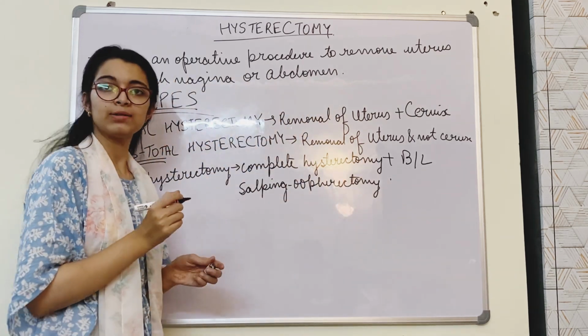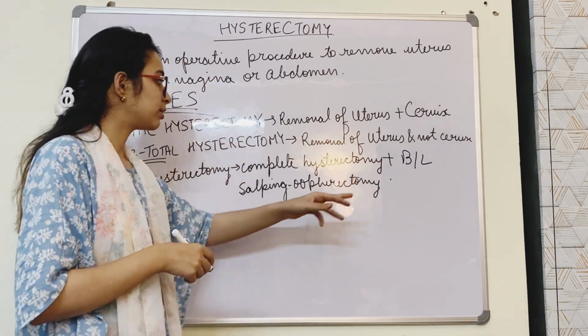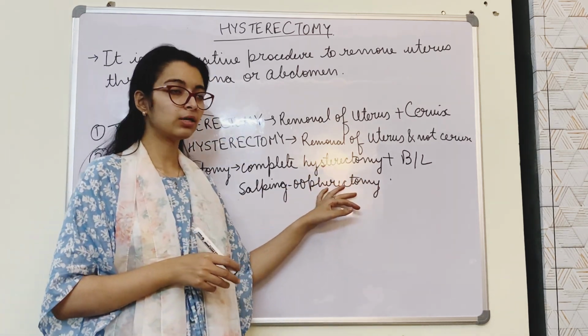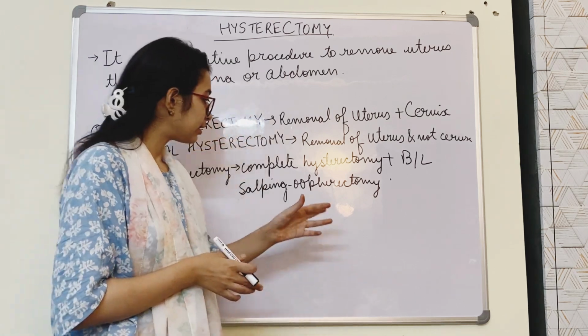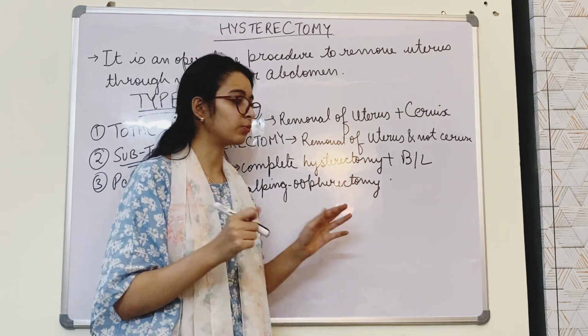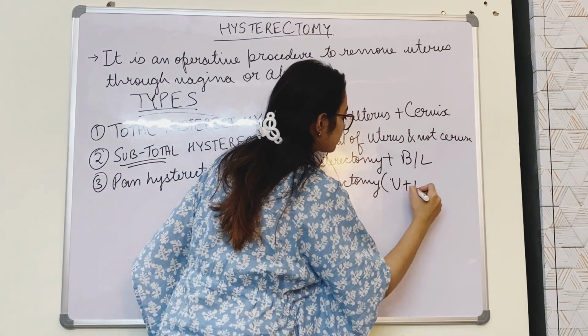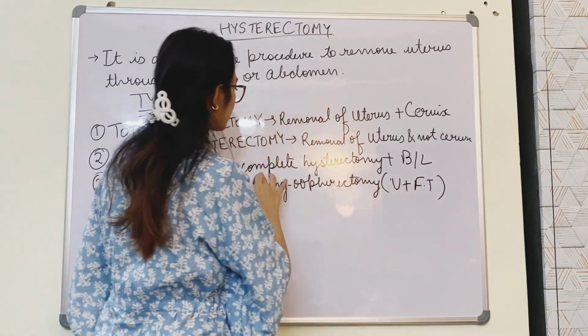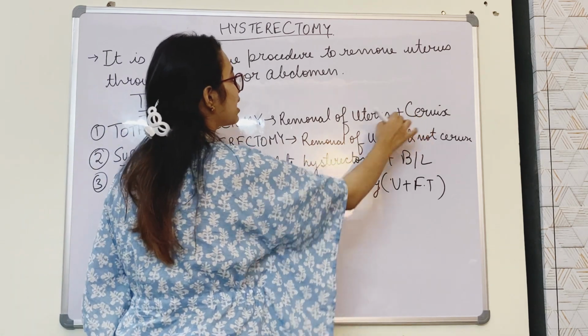I will be showing you in the picture what the panhysterectomy looks like. The salpingo-oophorectomy includes the uterus as well as the fallopian tube, and then the complete hysterectomy, that is the cervix as well.